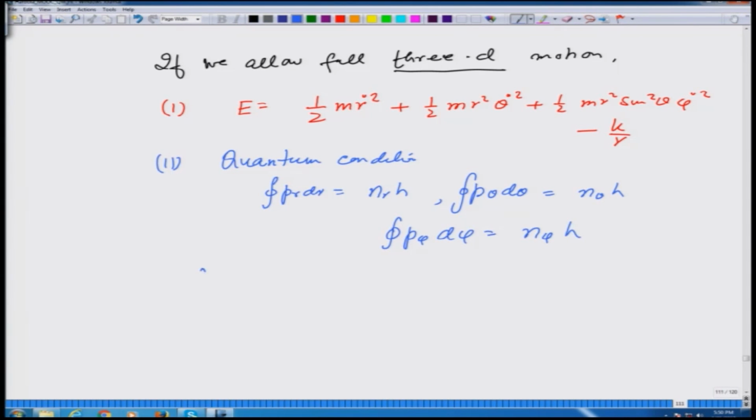We have found that n r would be 0, 1, 2 and so on, n theta would be 1, 2 and so on, and n phi will be 0, plus minus 1, plus minus 2 and so on. More importantly, we now have 3 quantum numbers.